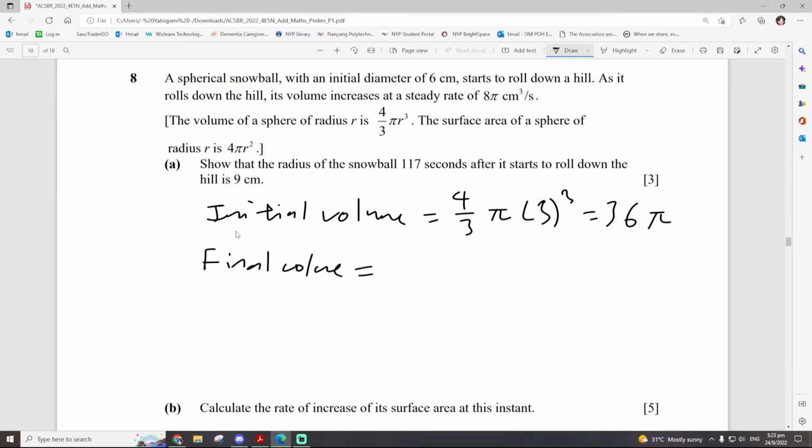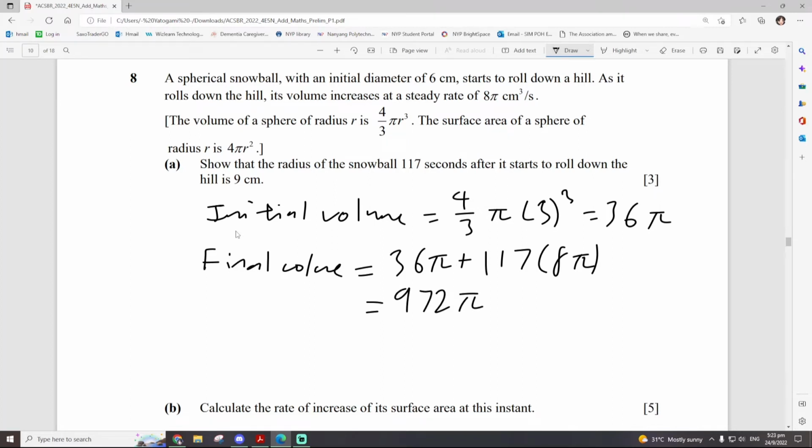Final volume is 36 pi plus 117 times 8 pi, right? Because distance is speed times time, and in this case the volume is kind of the distance, right? So 117 times 8 is 960 minus 24, which is 936, so 972 pi.